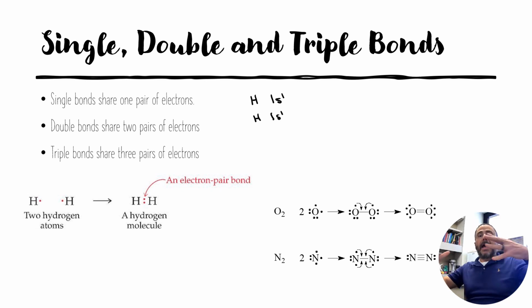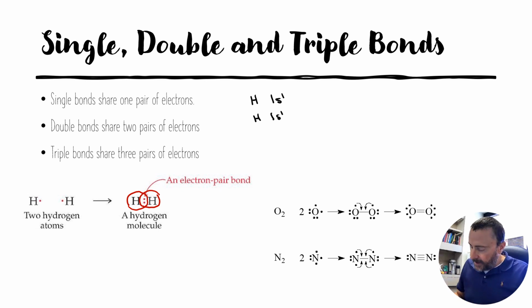As they come together, those 2 red dots are showing our electrons. When they come together, they can share those electrons, and so each hydrogen feels like it has 2 electrons around it.